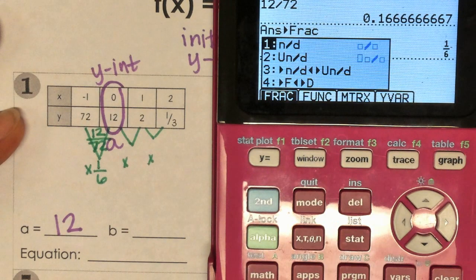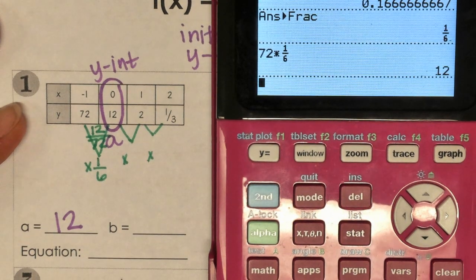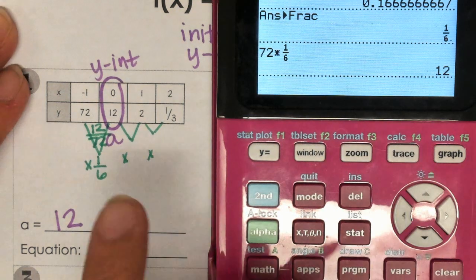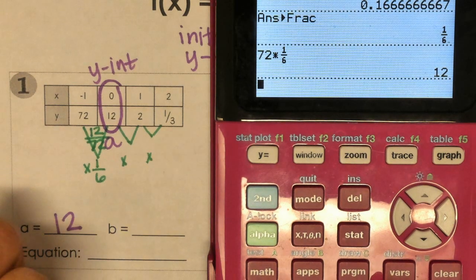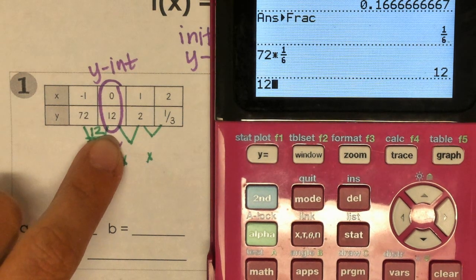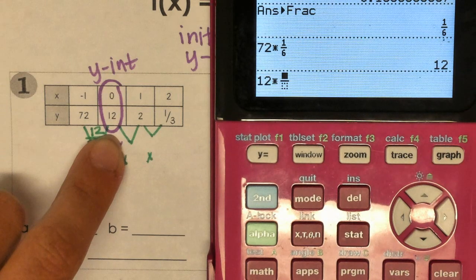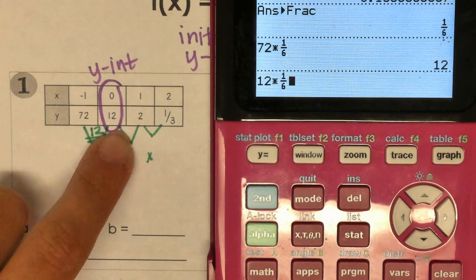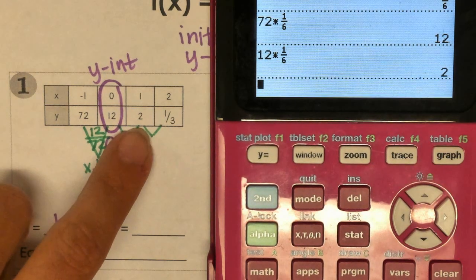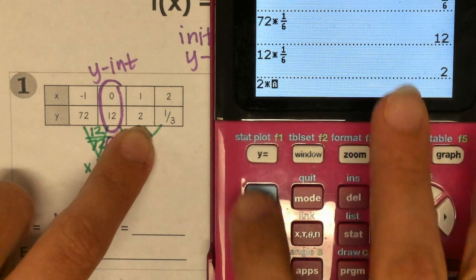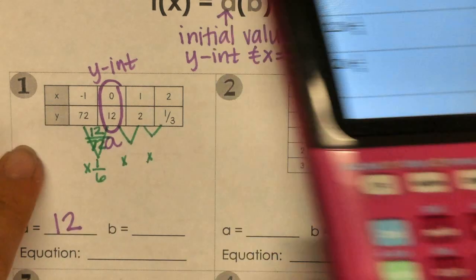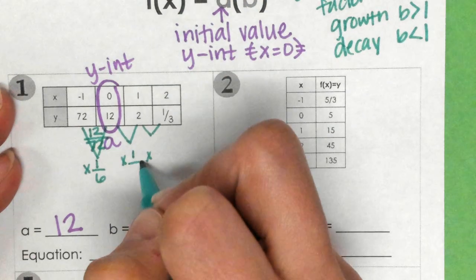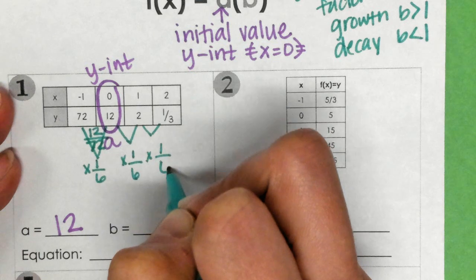Don't believe me? 72 times 1/6. And if this is in fact the common ratio, the common factor, I should be multiplying each time by the same thing. So 12 times 1/6 should give me 2. And it does. 2 times 1/6 should give me 1/3. Which again, it does. So my common ratio here, the thing I'm multiplying by each time, is 1/6.